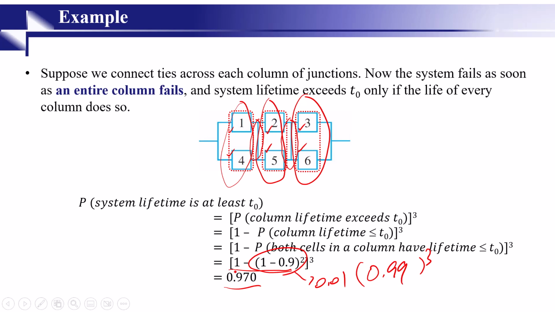A column survives with the probability of 0.99. So all three surviving is 0.99 cubed, and it is about 97%. Changing the setup changes the odds.